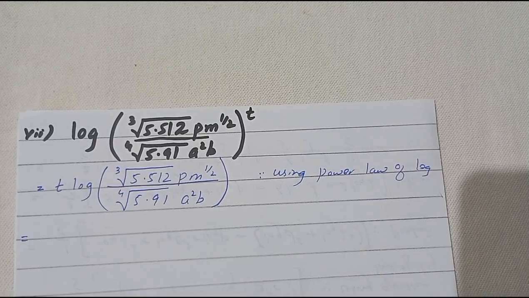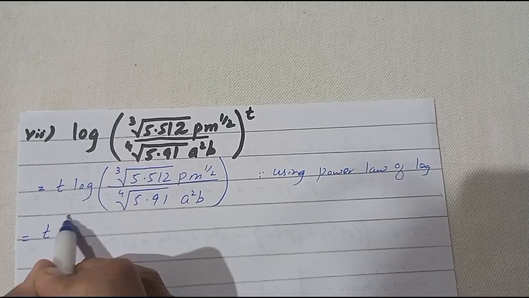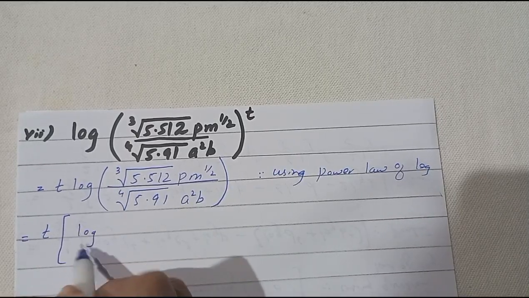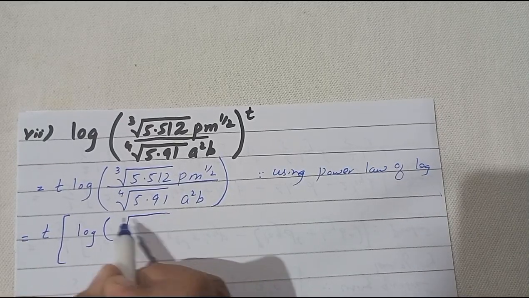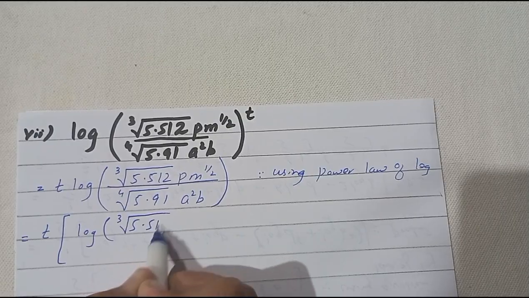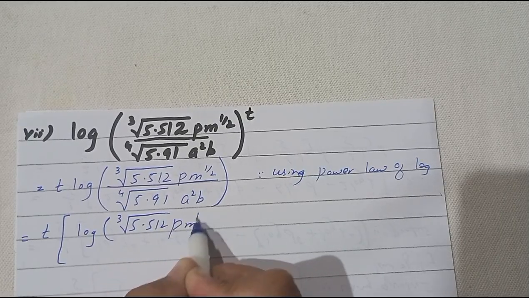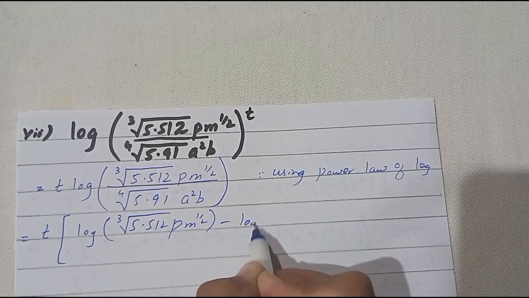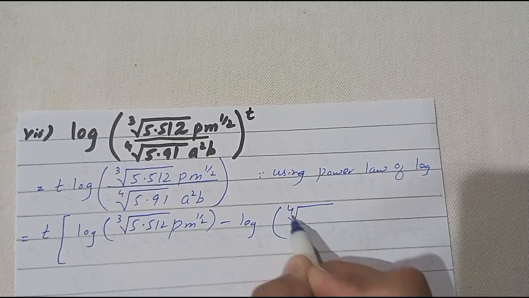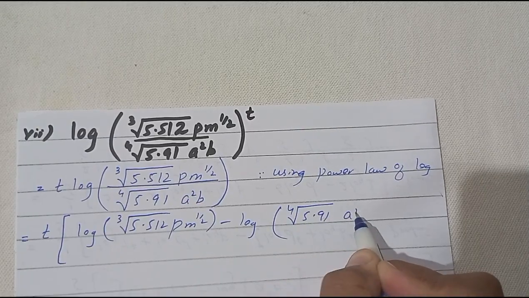Now using quotient law, we separately apply it: log of 5.512 p m power 1 by 2 minus log of 5.91 a square b.